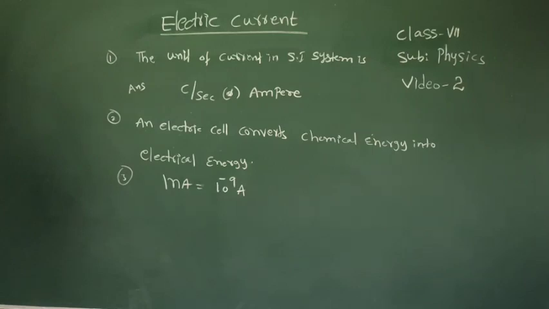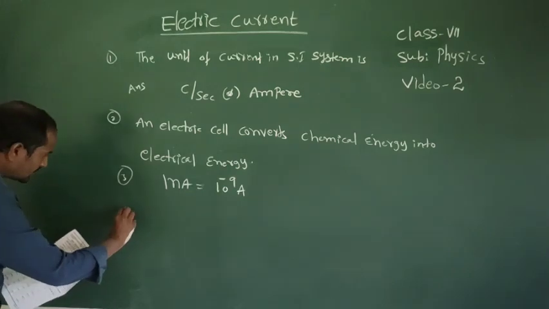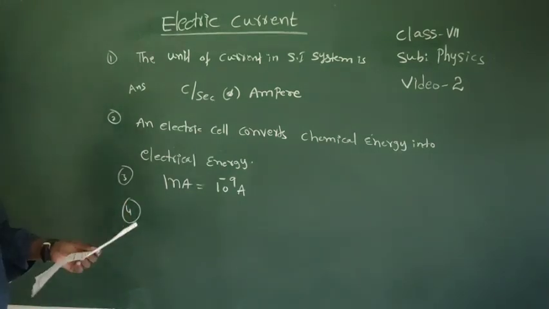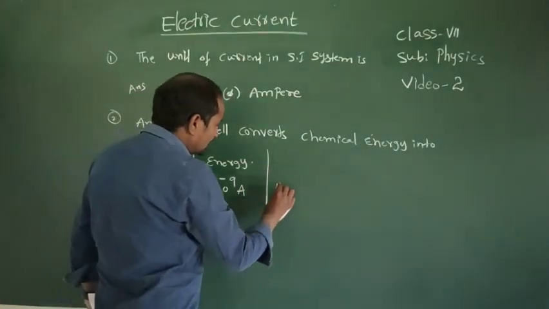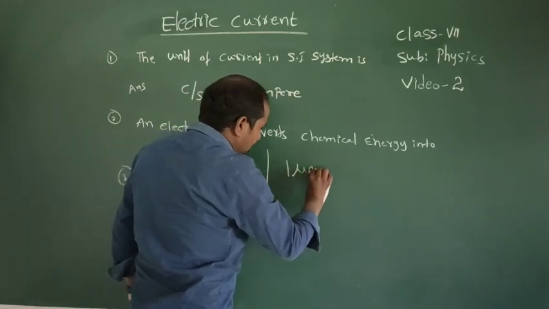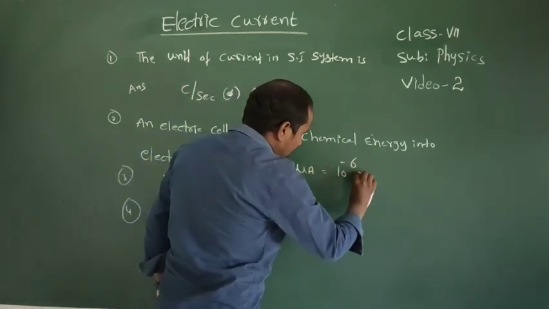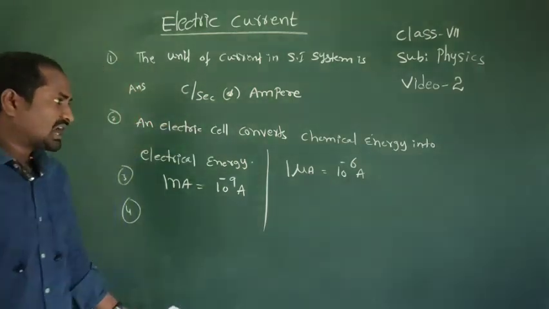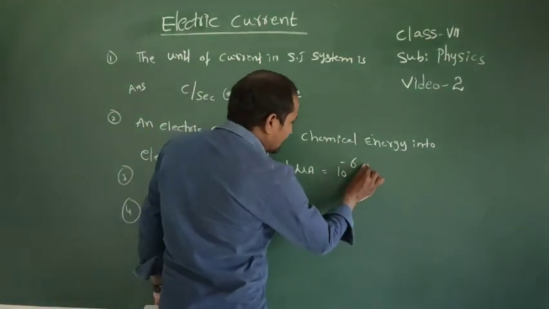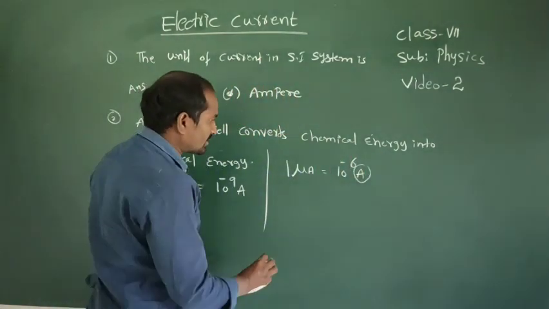Next, 1 ampere equal to dash microamperes. Writing here, 1 microampere equal to 10 power minus 6 amperes. Our aim is to find 1 ampere equal to how many microamperes.